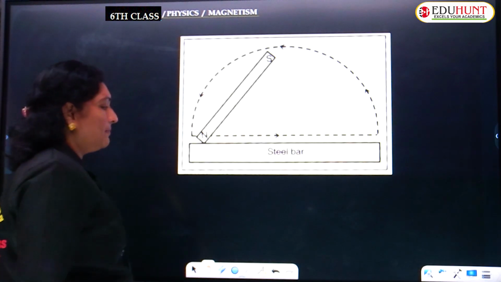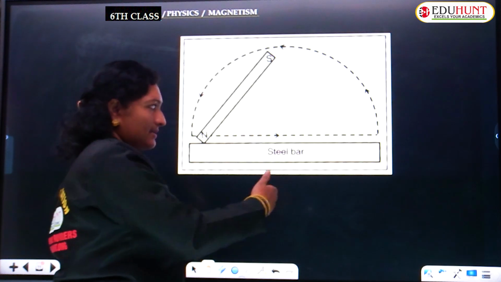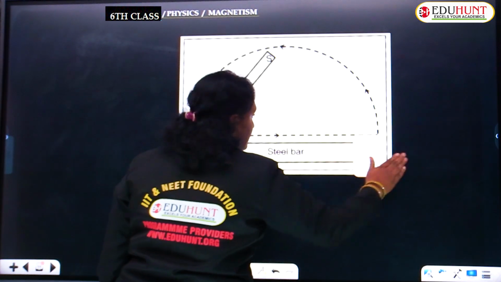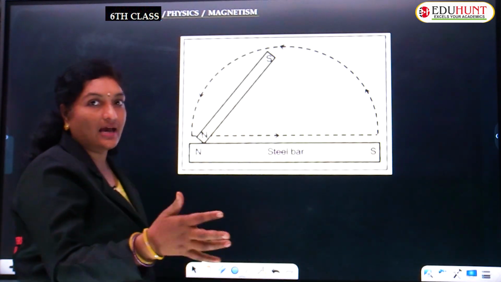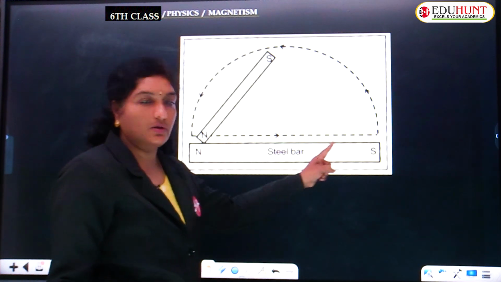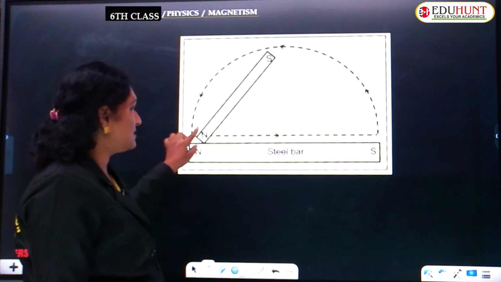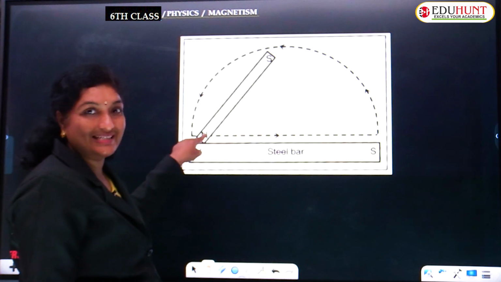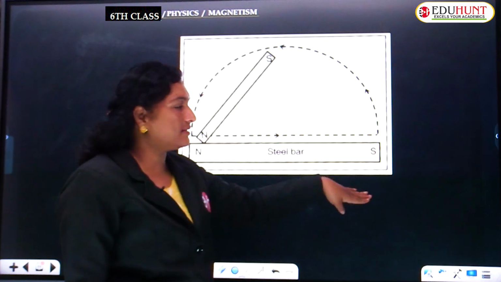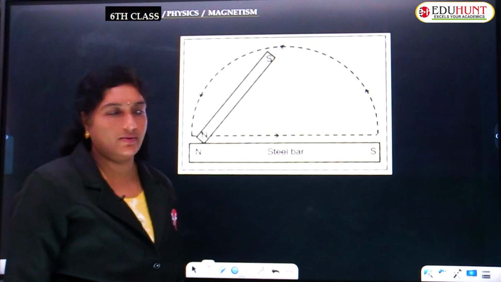So then, as time passes, if you continue this process for a while, we observe that this steel bar gets magnetized after some time. As you are rubbing this with the north pole and ending it here, wherever the north pole starts, there a north pole is formed, and at the other end the opposite pole is formed.